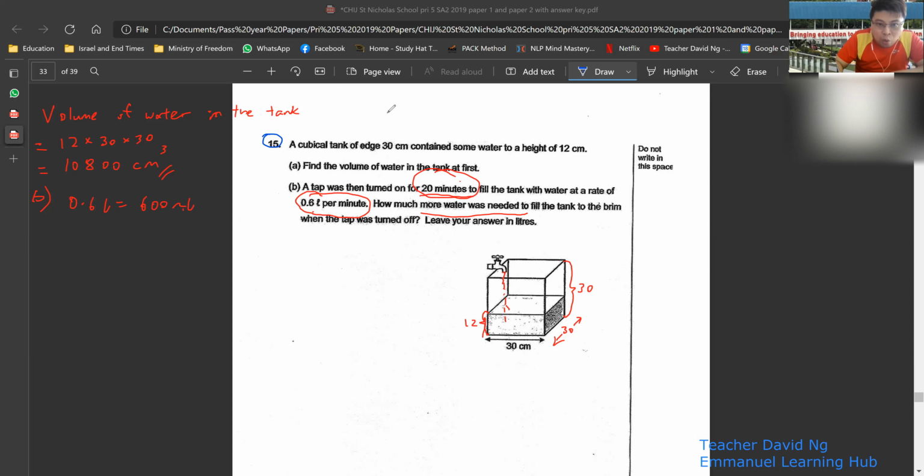The reason is because 1 ml equal to 1 cm cube. Okay, this one you're aware of, right? Yes. Because right now the volume you calculated is in cm cube. The volume of water in a tank you calculated is in cm cube. It's not in liters.